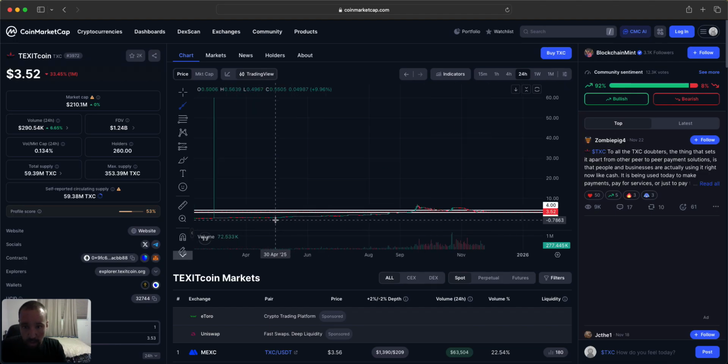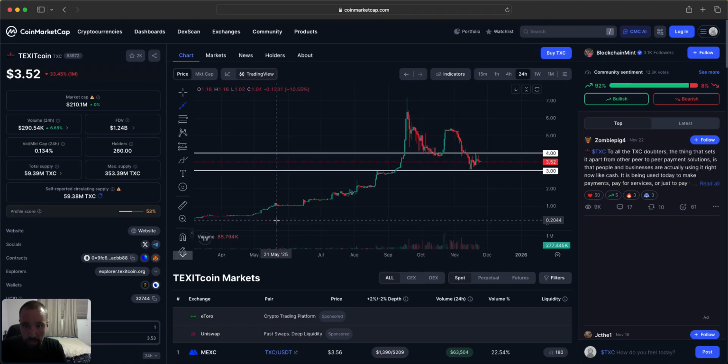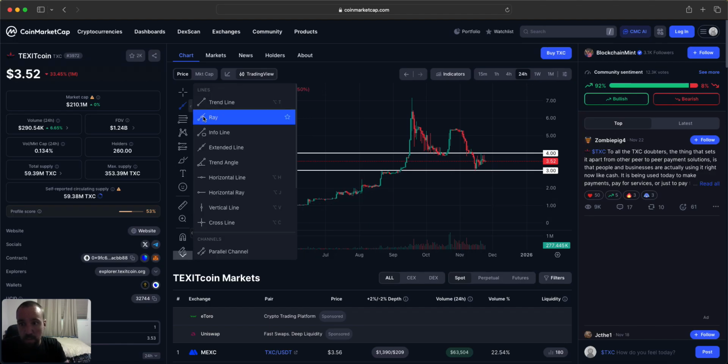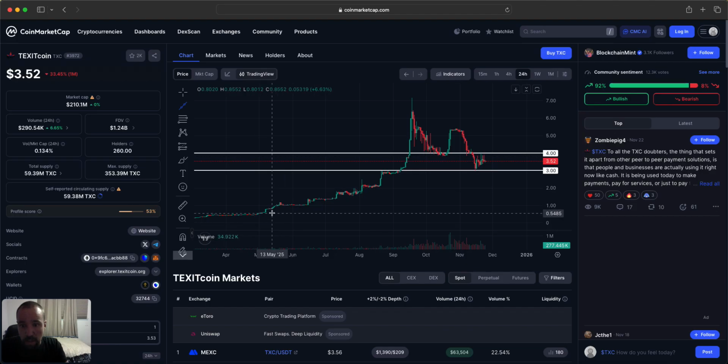So as we go back to a longer, farther term out there, we can pick a point, and we're going to pick where we see these two large wicks right here. We're just going to use these. You know what, I'm going to even do the extended one just because. When you do an extended line, you pick 2 points, and it extends in both directions.